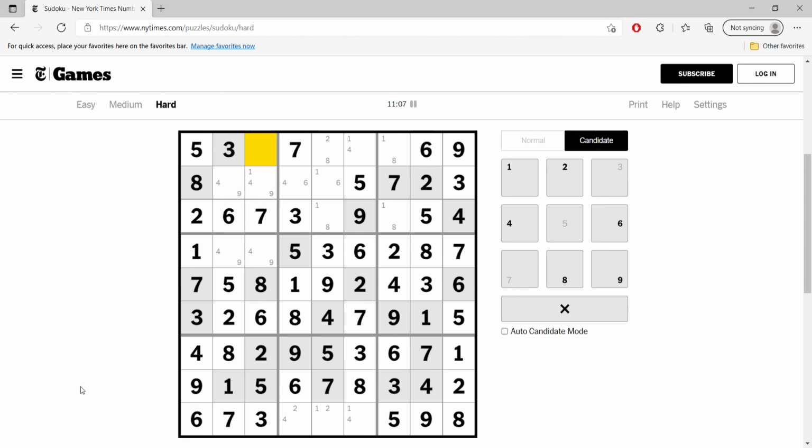So 1, 4, 9. This can be 1, can be 4, but it cannot be 9. So we have 1, 4, 1, 4. So this cannot be 1. This is 8. This is 1. This is 8. And therefore, are we still stuck somewhere?